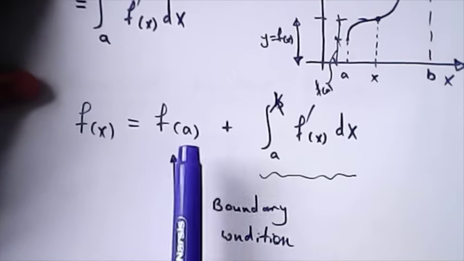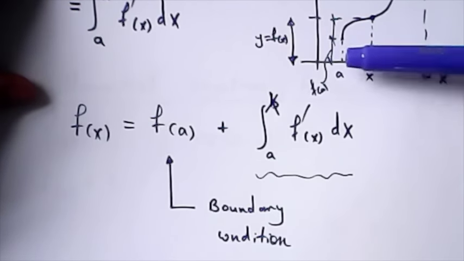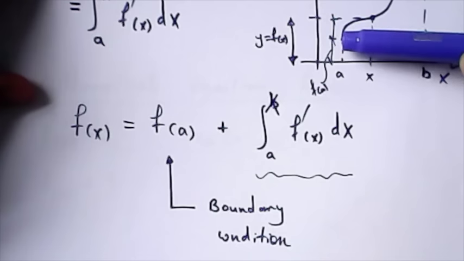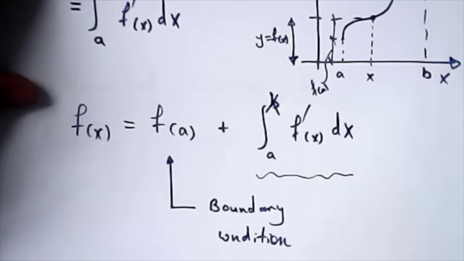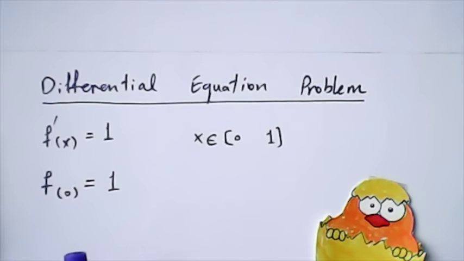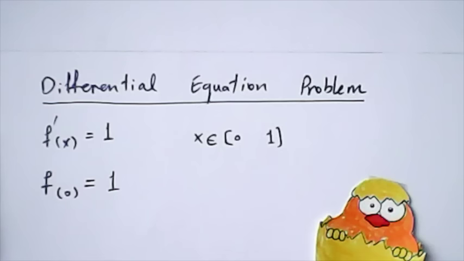So we essentially needed to know the height at the very beginning, and then we added it up with the amount that we go up. So that boundary condition should also be given, and it is here. We'll say that the height at the very beginning of the mountain is equal to 1.